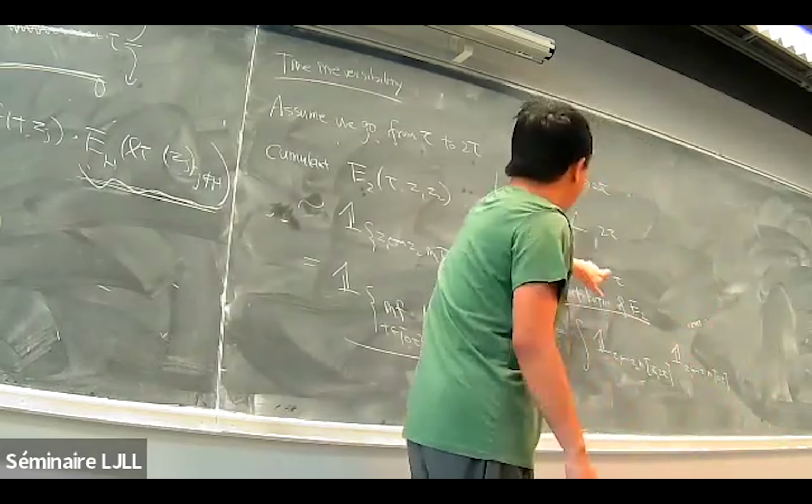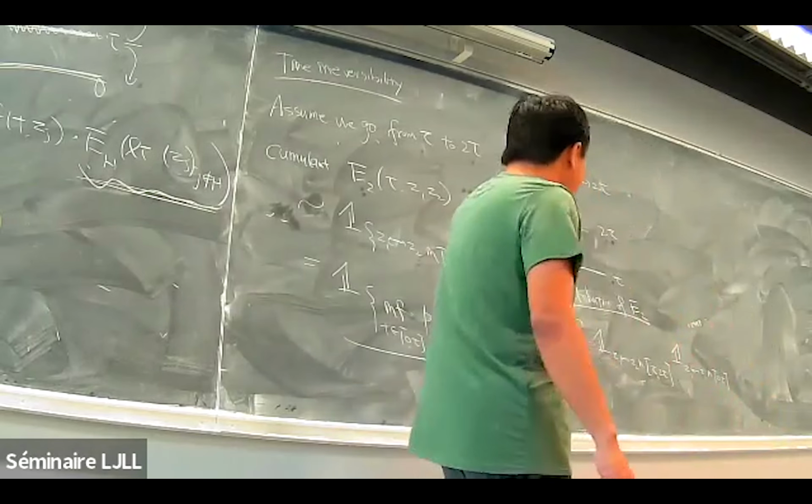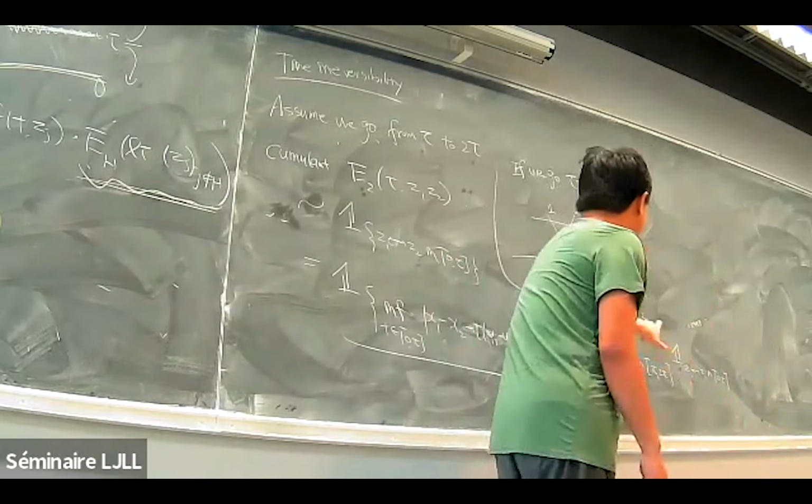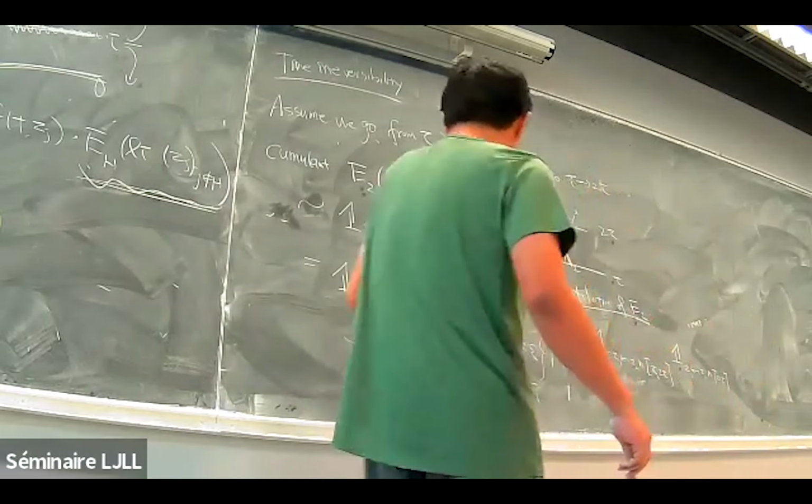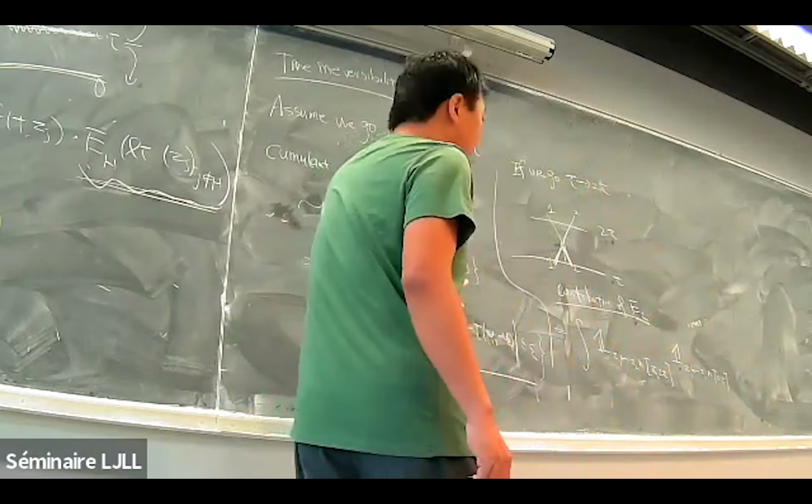Okay, because this collision happens between tau and 2 tau, and the indicator function coming from the cumulant is really saying that this collision happens in 0 to tau.